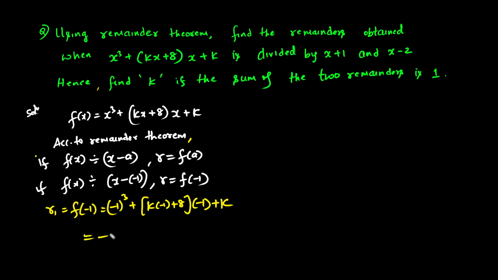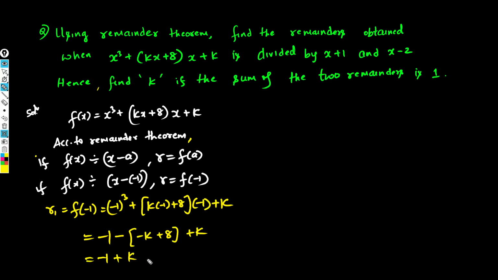So that would be minus 1, minus into plus would be minus, this would be minus k plus 8 plus k. So this would be minus 1 plus k minus 8 plus k. That's r1. So r1 here would be minus 9 plus 2k.